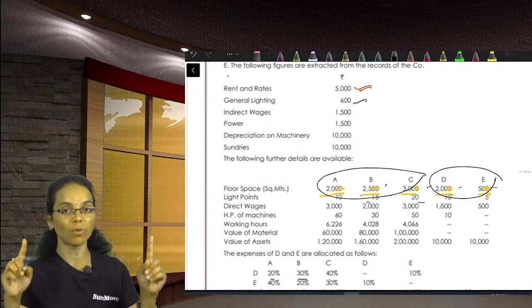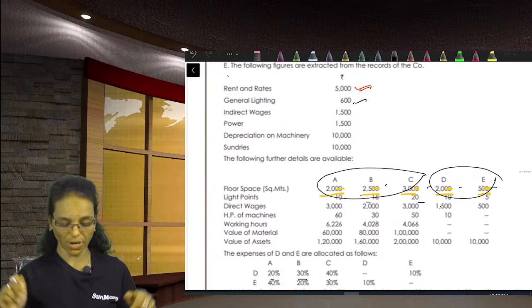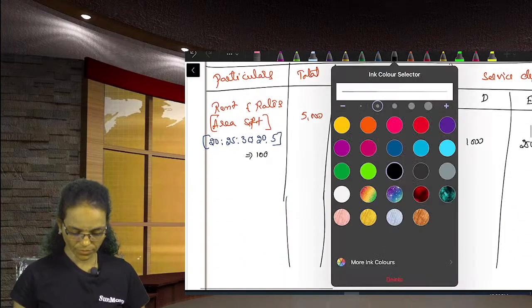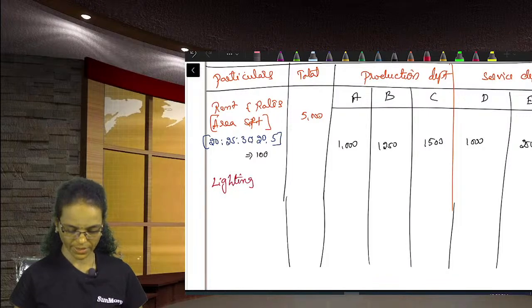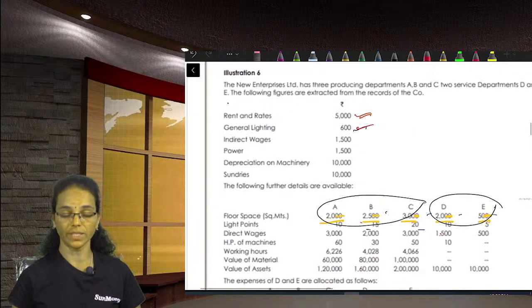Next, lighting. It is on the basis of the number of light points in each department. The expense for lighting is 600 rupees.